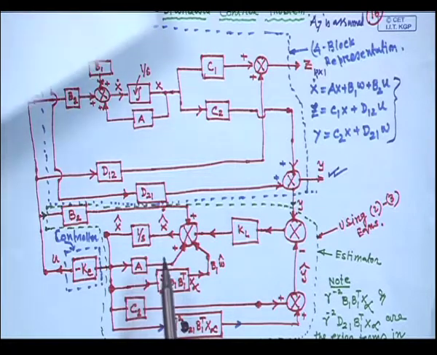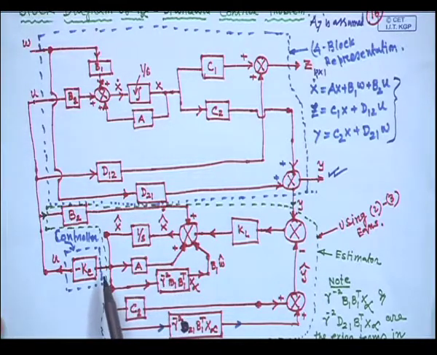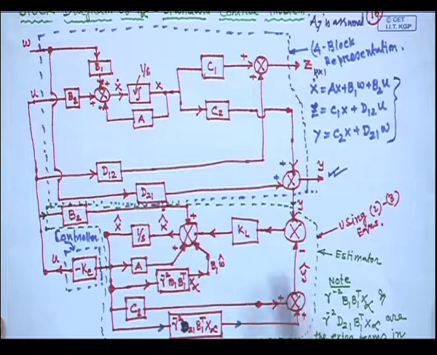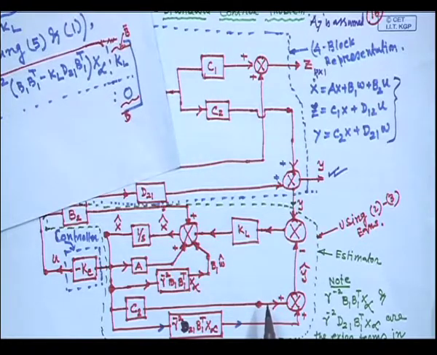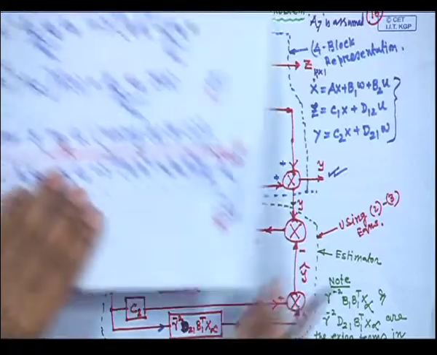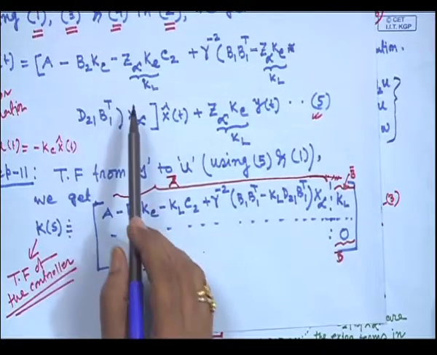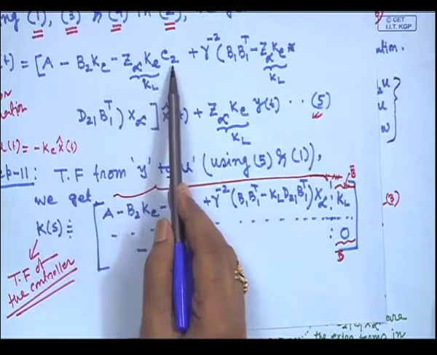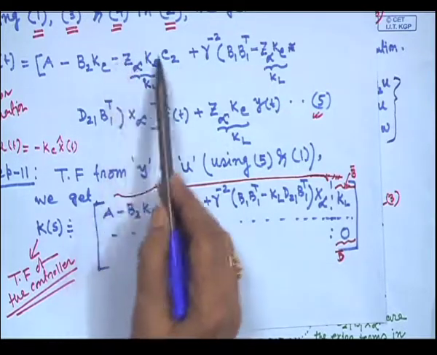Now, you see the estimator equation is what? This is the estimated y, y hat. What is y hat? Y hat is C2 x hat, and also you see the x hat into gamma square, and the gain.